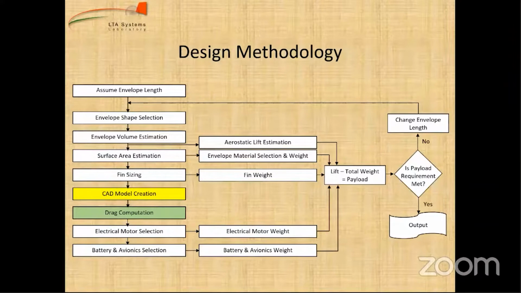If you observe the design methodology, once we know our fin weight and fin sizing, we next move towards drag. To estimate drag, there are many techniques available. Once you know this initial information, you can create a small CAD model in any CAD tool you know, do a CFD analysis, and directly compute drag from it.